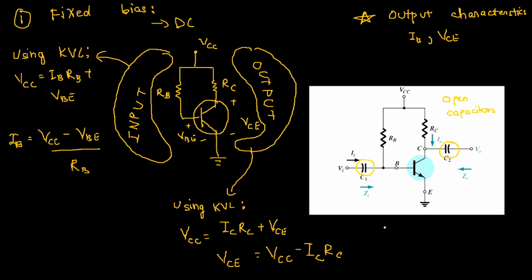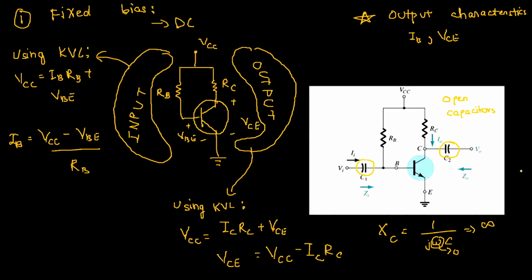The reason is we all know that the impedance of a capacitor is given by 1 by j omega C, and in a DC circuit, the angular frequency is basically 0. So 1 by 0 gives us infinite impedance. So capacitors in DC offer infinite resistance to any current.